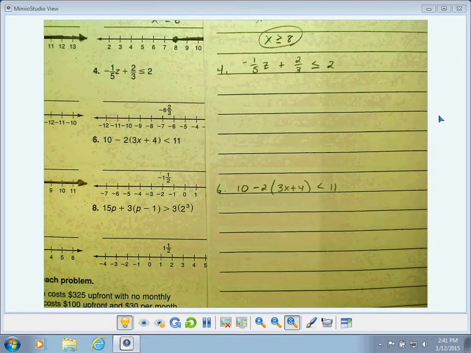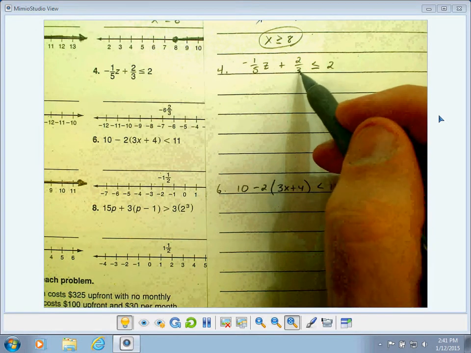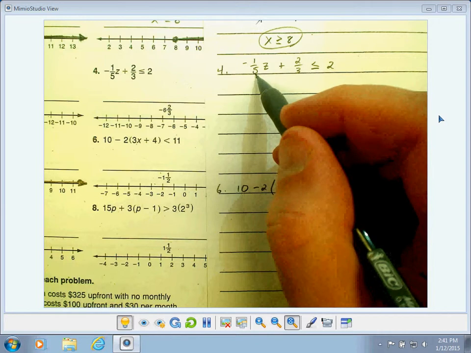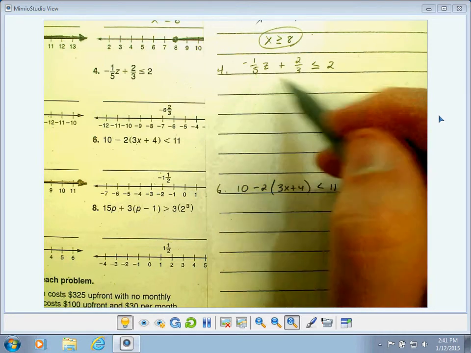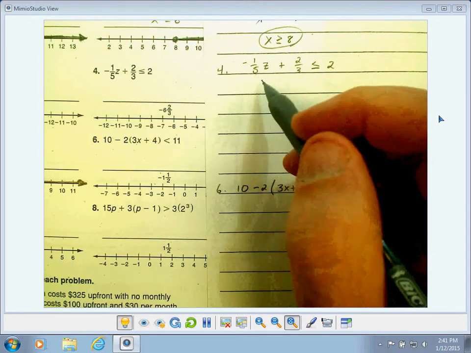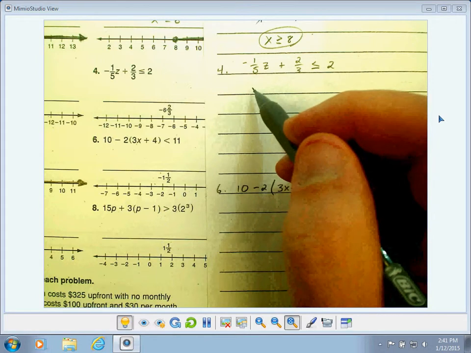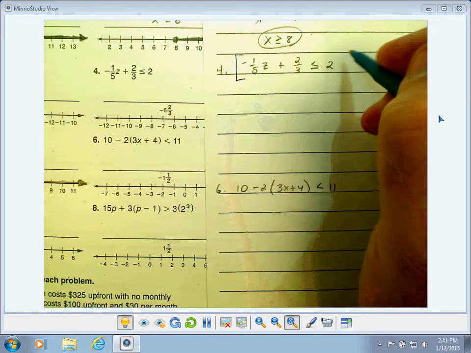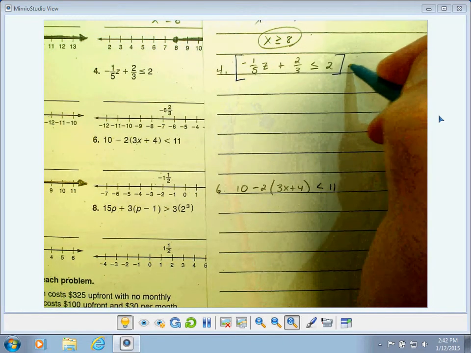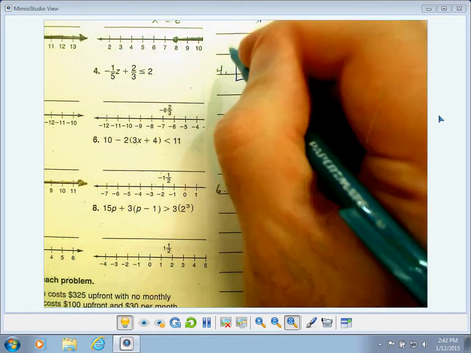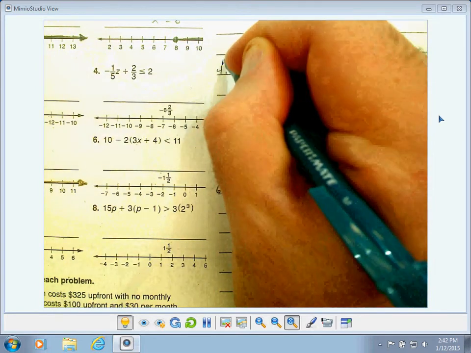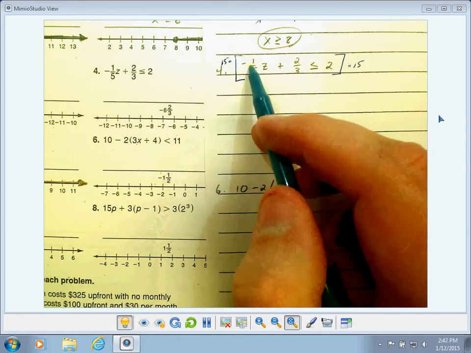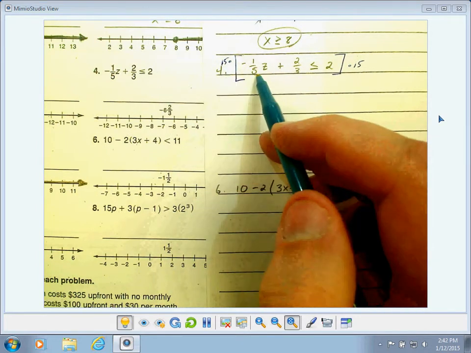So when I say common denominator, what I'm saying is I see a 3 and a 5 in the denominators of these fractions. And the lowest number that they both go into is 15. So if I multiply the whole problem on both sides by 15, what I'm doing is saying 15 times negative 1 over 5.